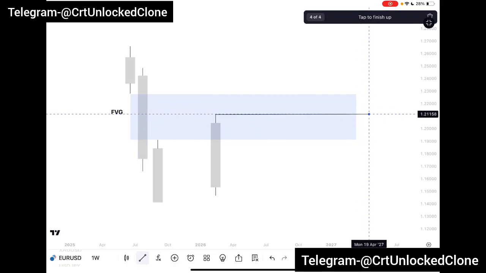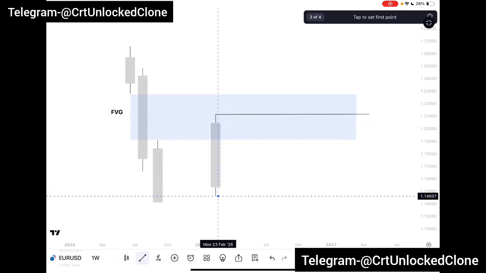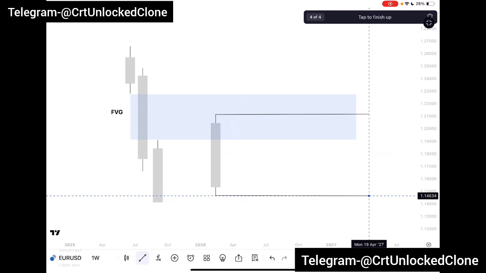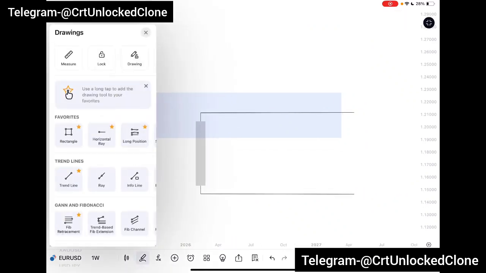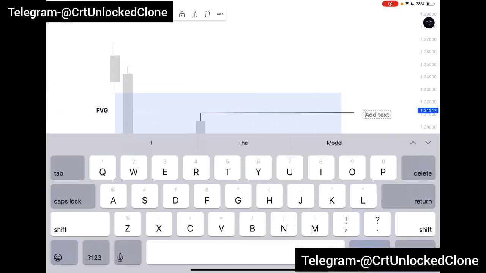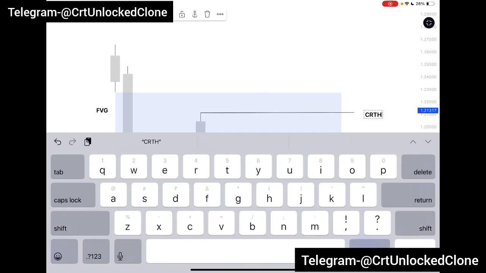Now this is the CRT high, and this is the CRT low. Let me mark it, guys. And this is the CRT high.